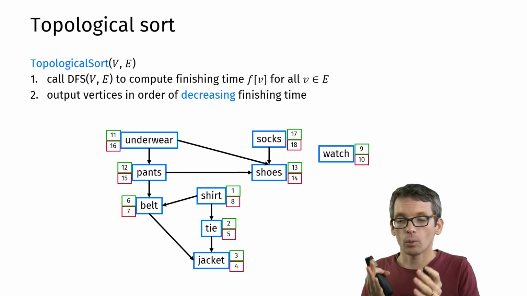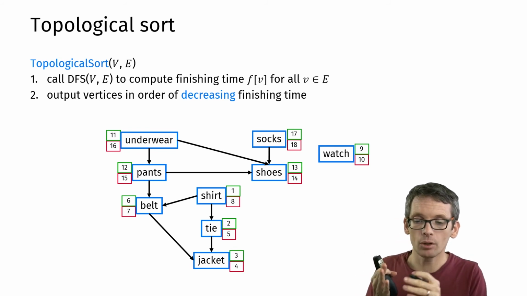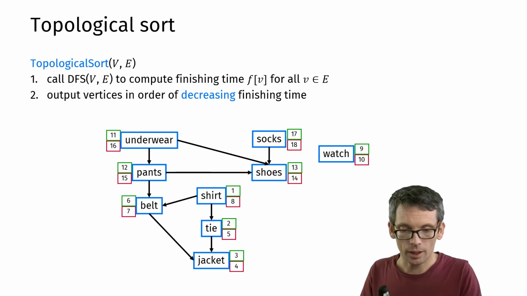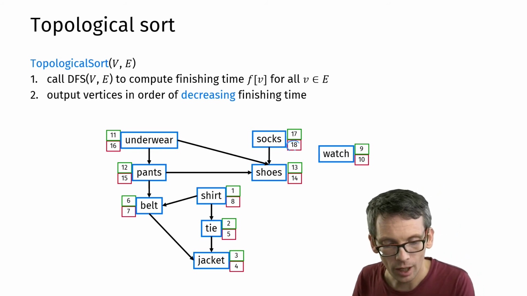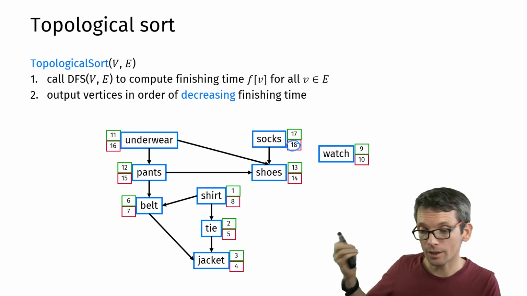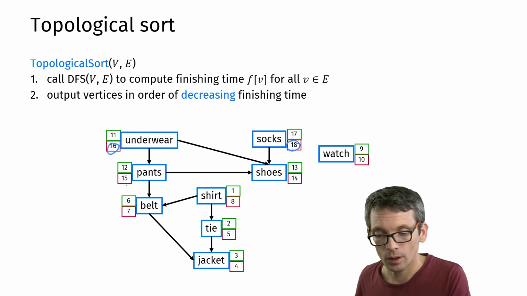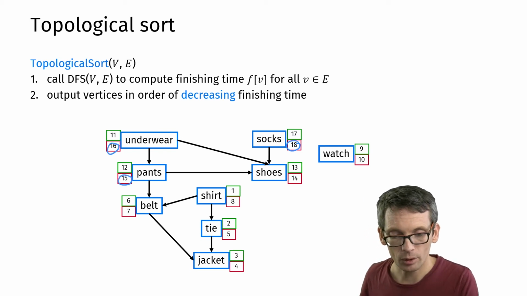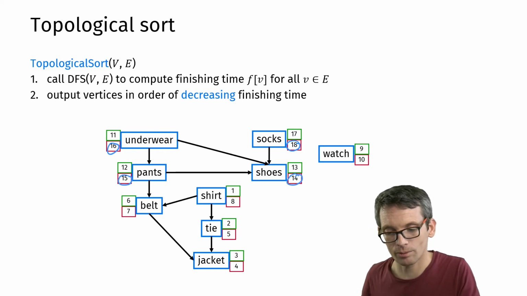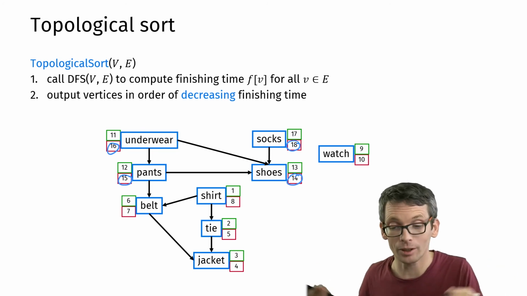Now, we wanted to order them in decreasing finishing time. So just to observe here, the largest one is 18, so we would be saying, let's start with the socks. We continue with the underwear, we continue with the pants, we continue with the shoes, maybe a bit unusual, but it works, it seems.